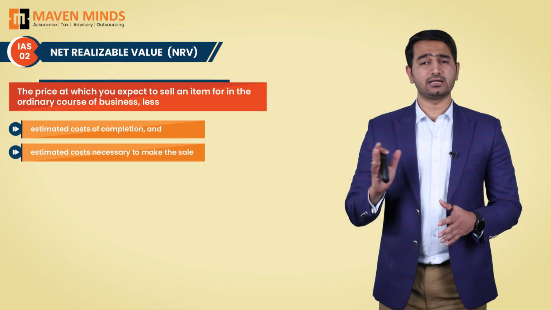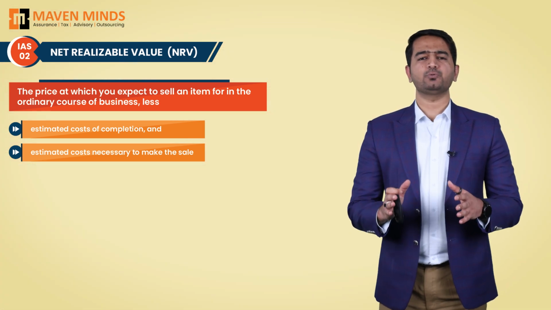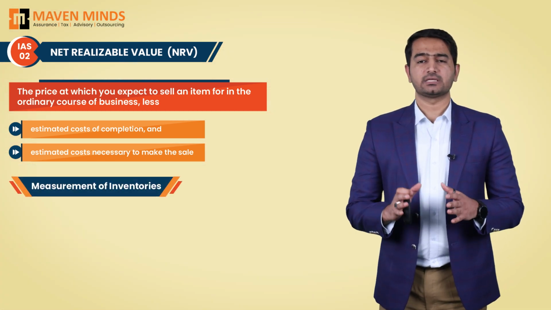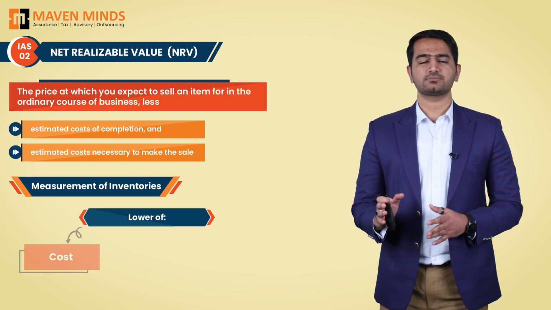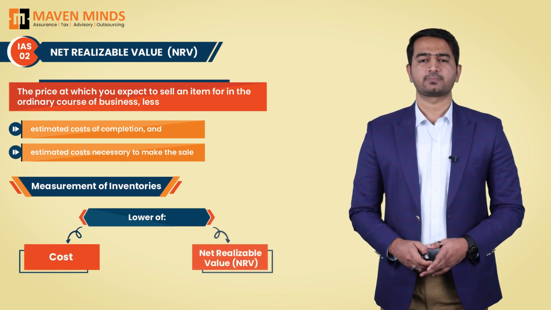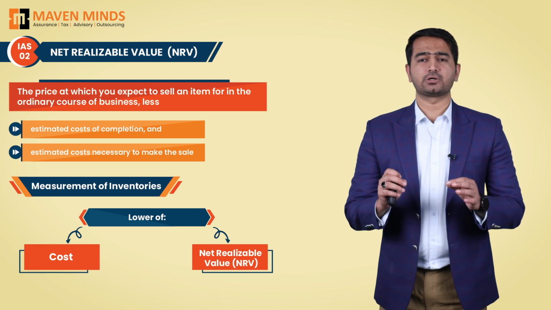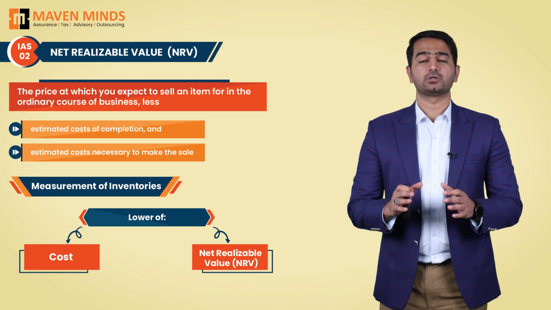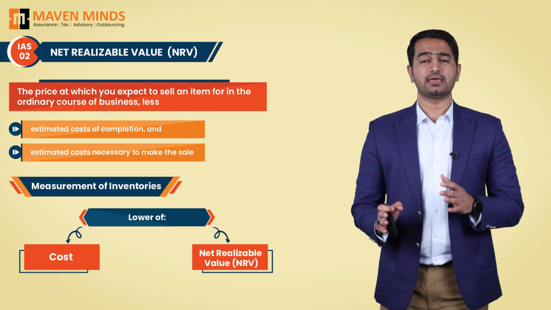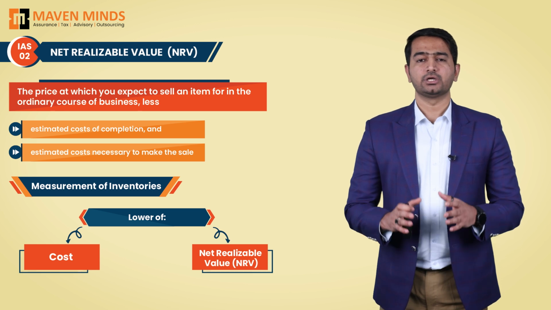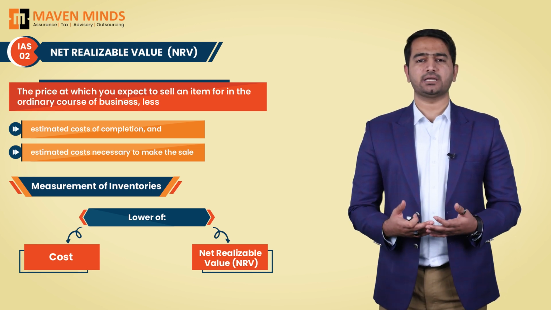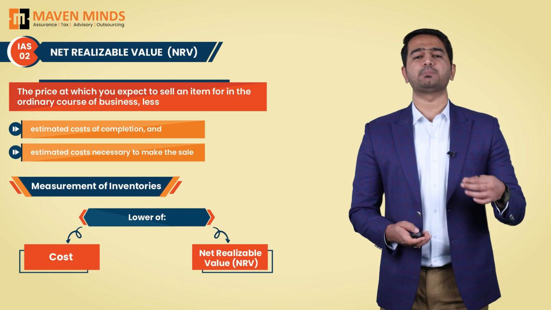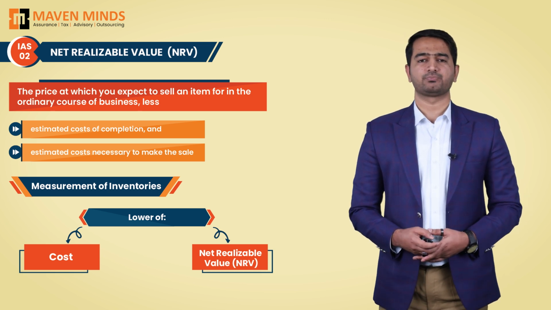As we discussed earlier, the basic rule for measuring inventories is to keep the inventories at lower of cost and NRV. Let me repeat that because it's very important. Lower of cost and NRV. You need to make sure that inventories in your financial statement are not stated above its net realizable value.